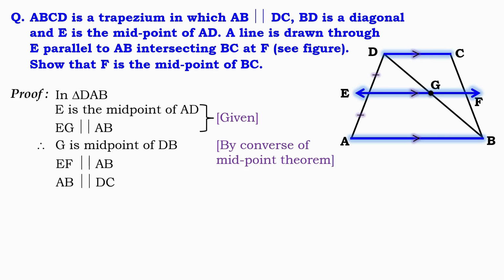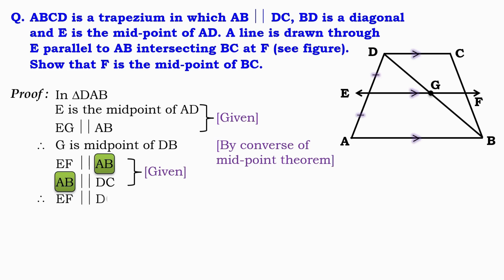So, these two things are already given. So, since AB is common between these two, we can clearly say that EF will also be parallel to DC. Okay. So, now GF is part of EF. So, EF is parallel to DC means we can say that GF is also parallel to DC.